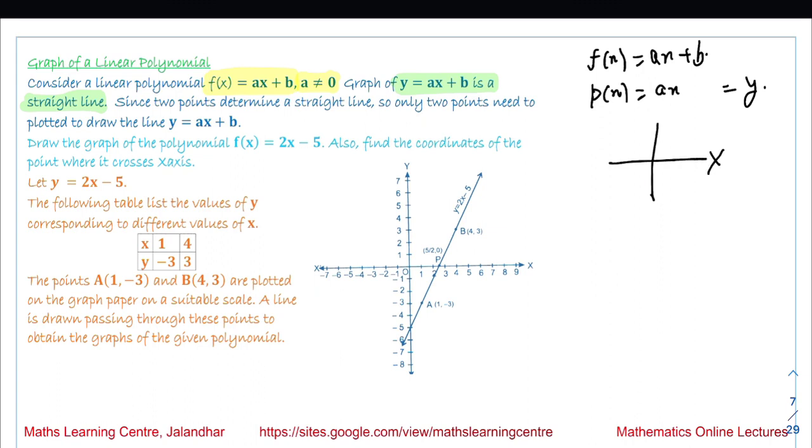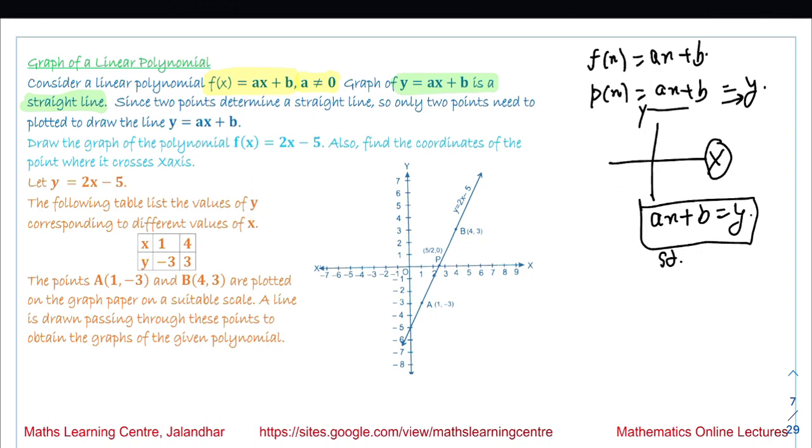So we will have the x-axis and y-axis. These are just the values of the polynomial at these points, at the points of x. So this is equal to y, and we are talking about this equation ax plus b equal to y, and we are saying this is the equation of a straight line.